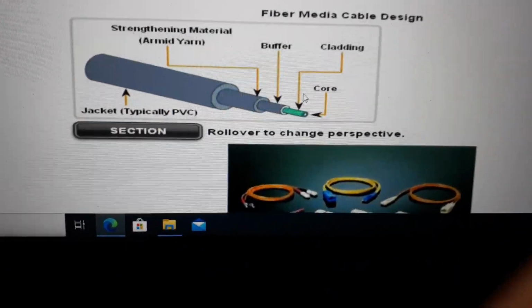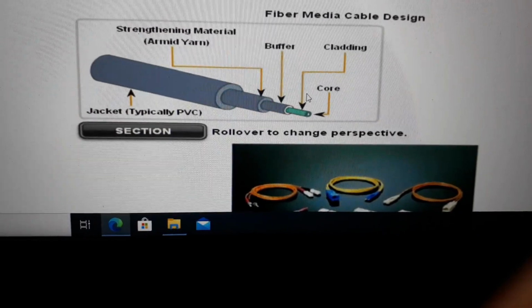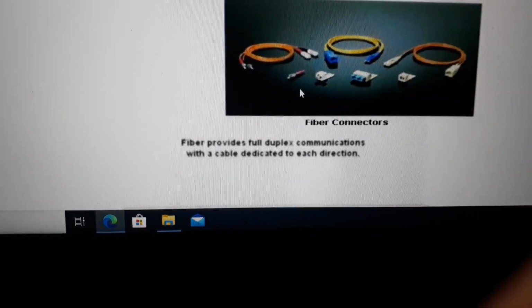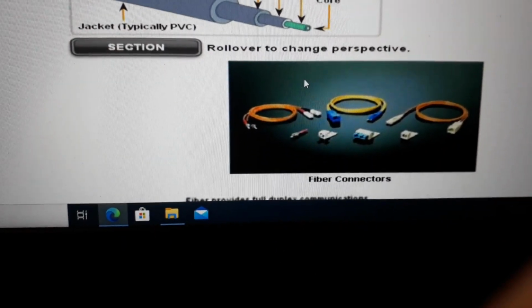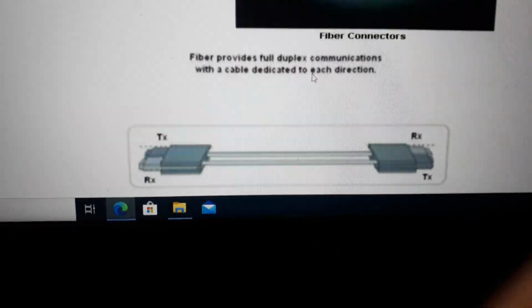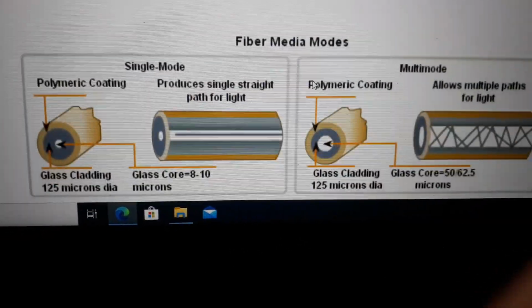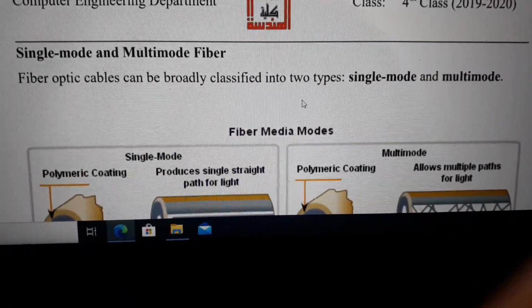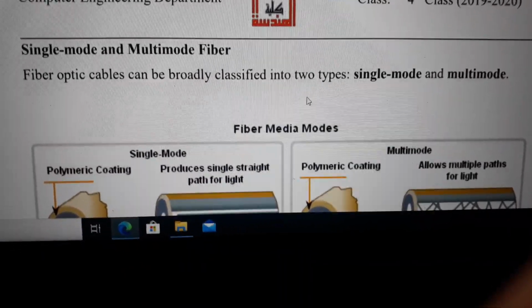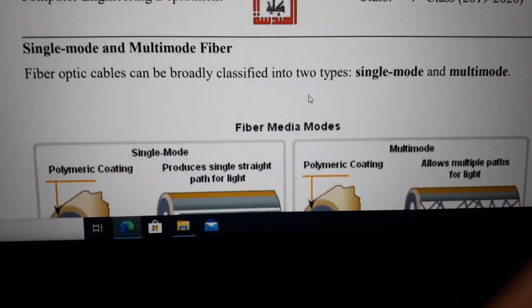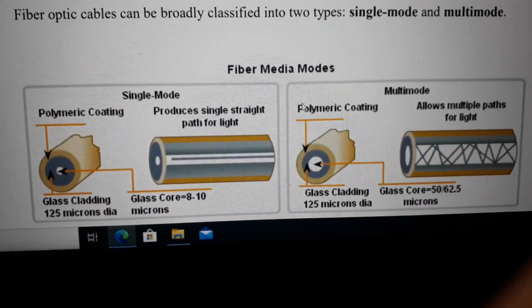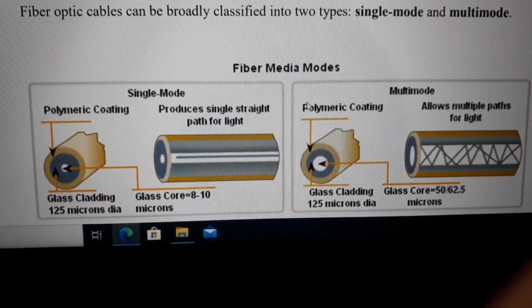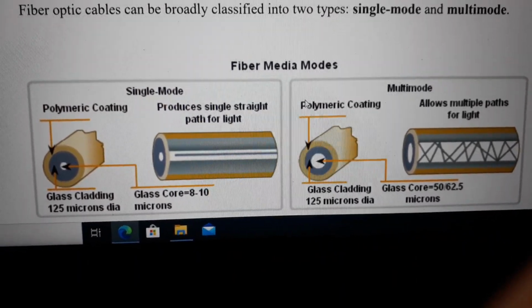And you can see here fiber media cable design, and we also have different connectors for fiber. Here, 2 classes of fiber, single mode and multi-mode. Fiber optic cables can be broadly classified into two types, single mode and multi-mode.